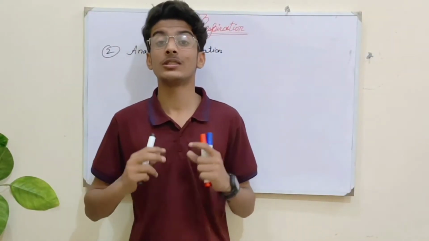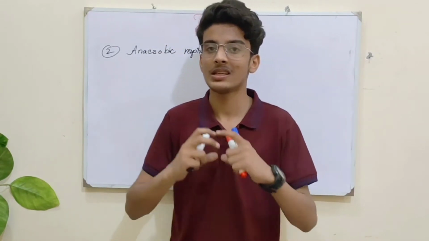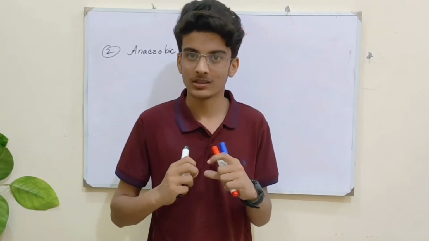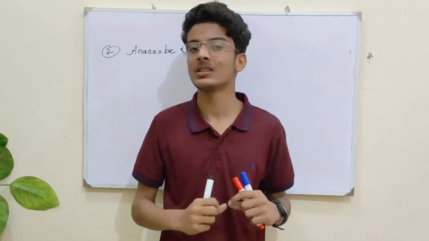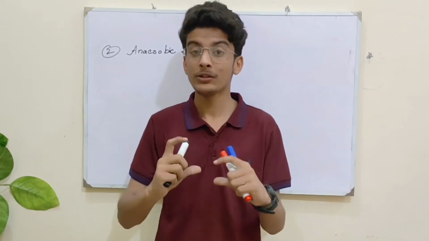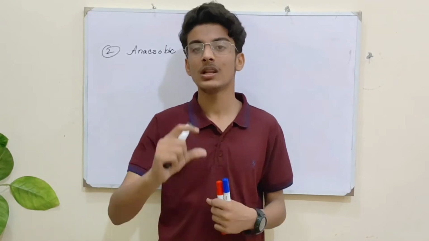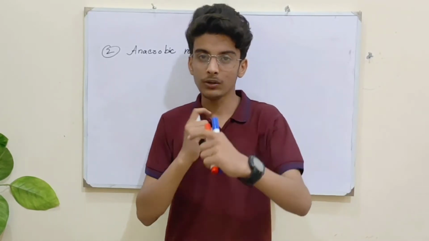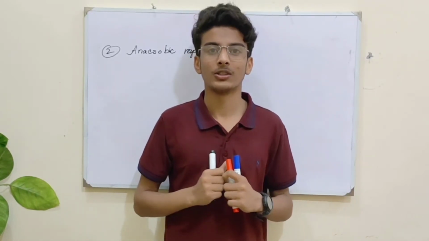Anaerobic respiration is the breakdown of food substances in the absence of oxygen, but with a comparatively lesser amount of energy than aerobic respiration. That is to say, in anaerobic respiration, less energy is produced than in aerobic respiration.